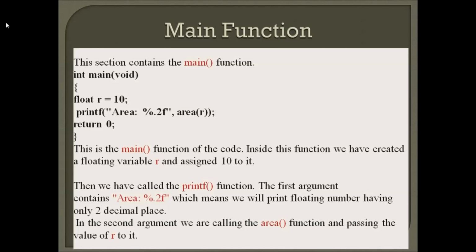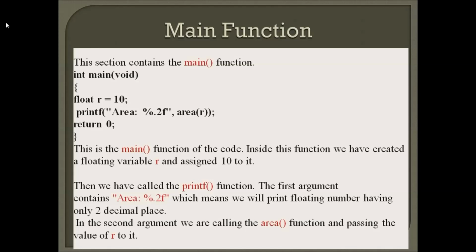It is going to print the area by taking the value from the function area. Inside this function we have created a floating variable r and assigned 10 to it. Then we have called the printf function. The first argument contains the format, which means we will print a floating point number having only 2 decimal places. In the second argument we are calling the area function and passing the value of r to it.